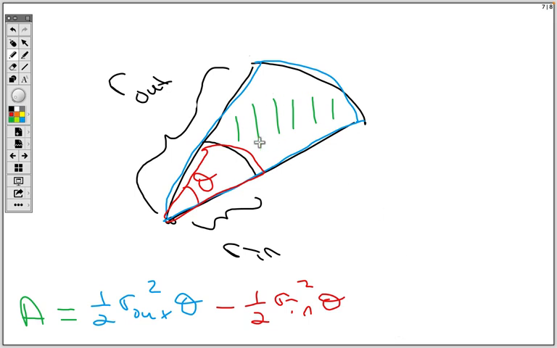So that's going to leave us with the area of the green part. Now we're just going to do a little bit of algebra to simplify this. But do you see the geometry of this? Does this make sense? Taking the area of the big pie wedge minus the area of the little pie wedge gives us the area of that patch.